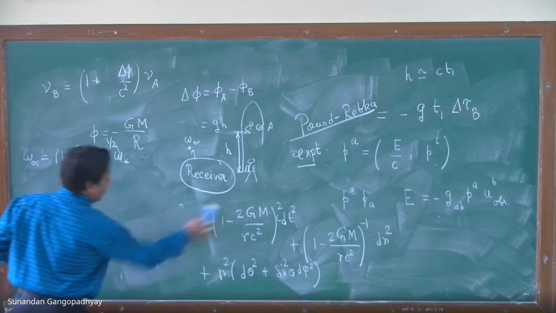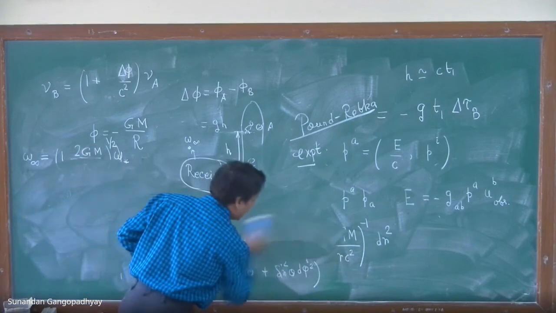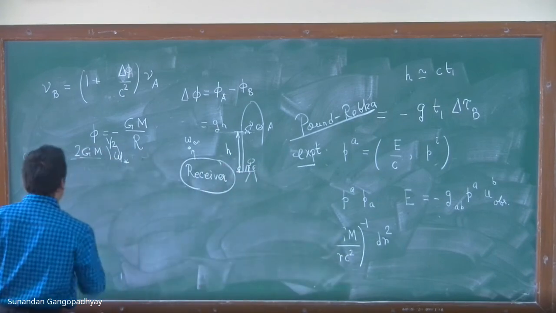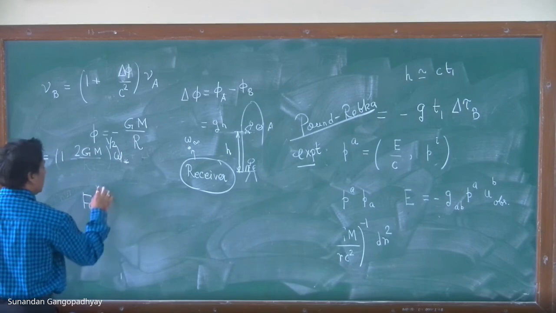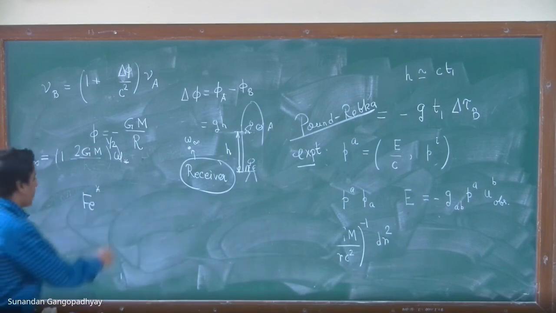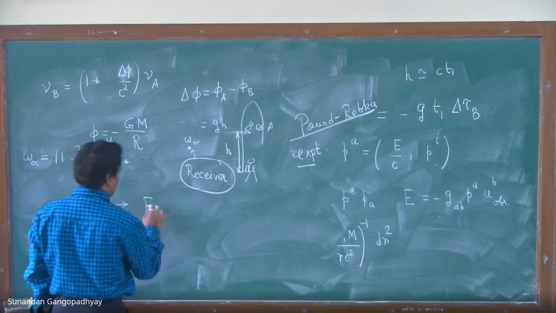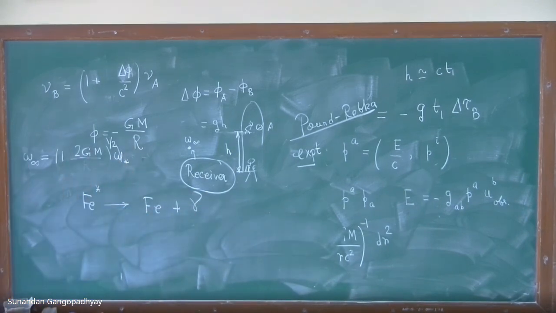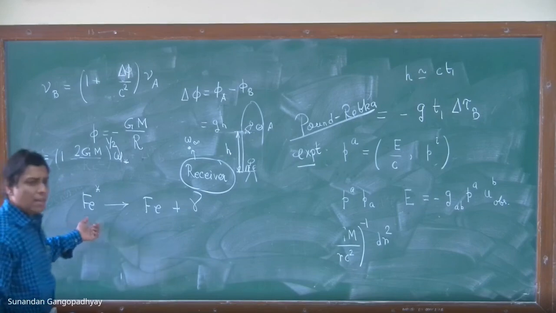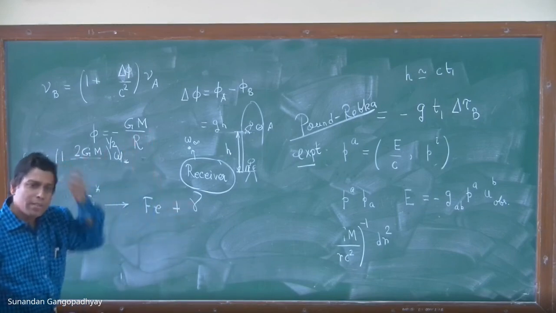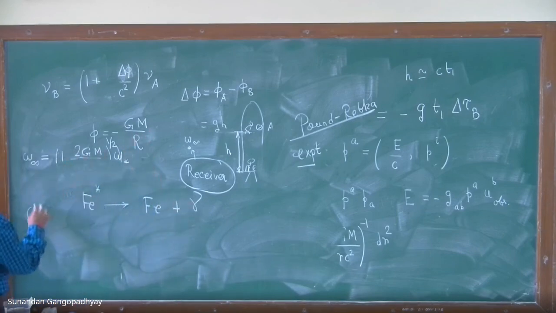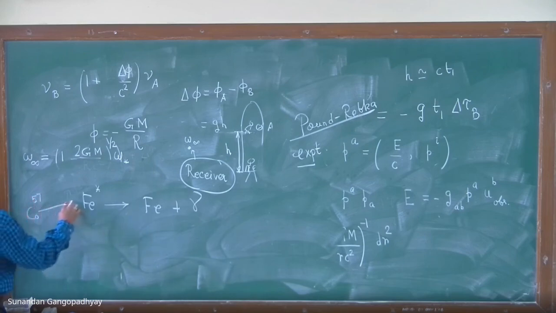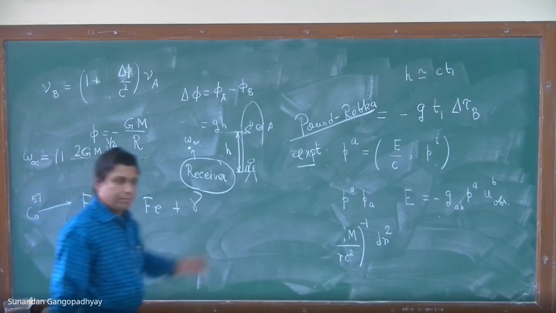So what is being done is, as I told you, you have some iron, Fe star, in an excited state, emitting some gamma. How you get this iron star is a matter of nuclear physics. You will get it from cobalt 57 by nuclear beta decay.